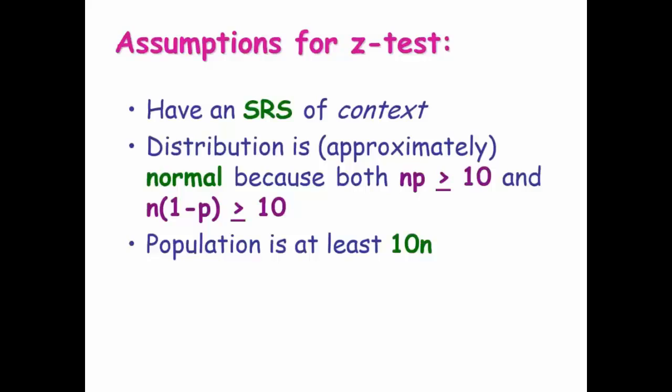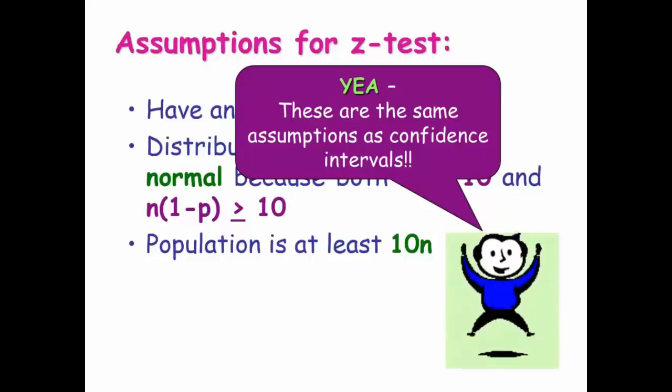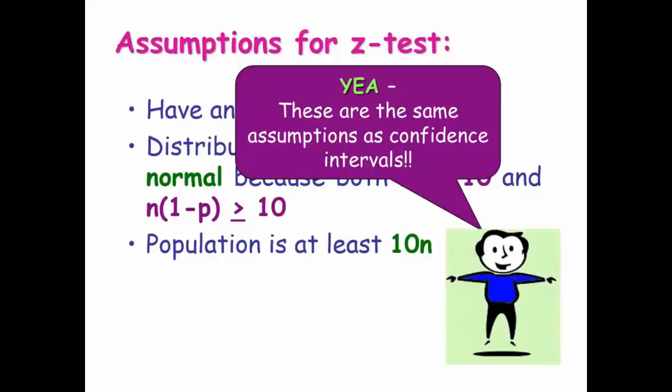So to give you a sense, if the sample's got 100 people in it, it needs to be fairly reasonable to assume that the actual population is at least 1,000 people big. 100 times 10 gives me 1,000. If I got 350 people, then 3,500 people should be in the population, stuff like that. And these assumptions are actually the same assumptions as they are for confidence intervals. So again, not a surprise that proportions carry over into hypothesis tests that way.